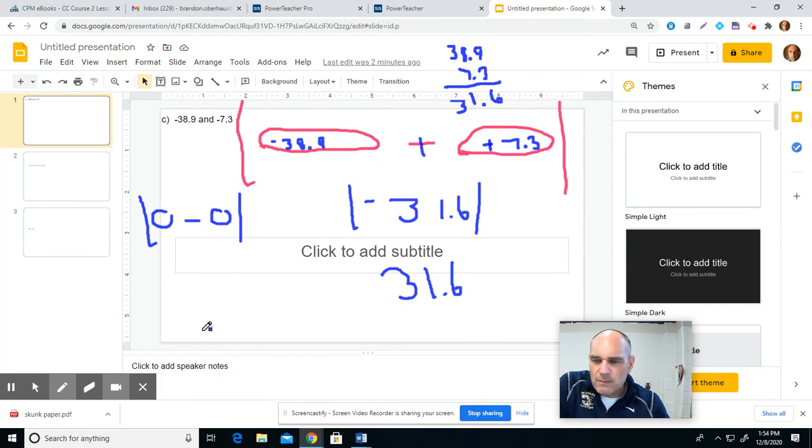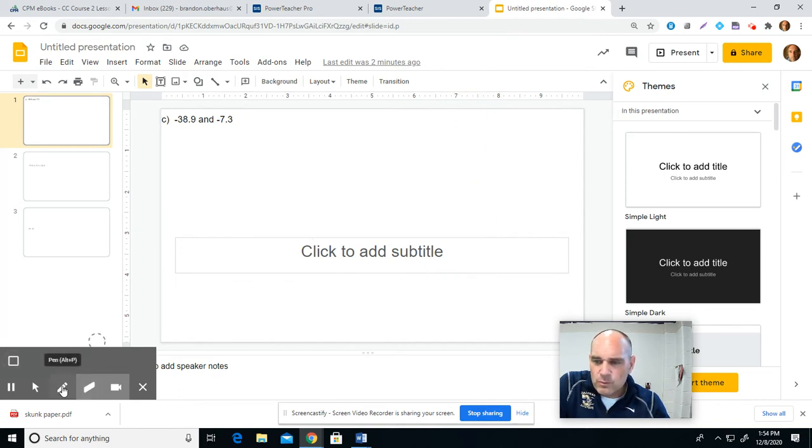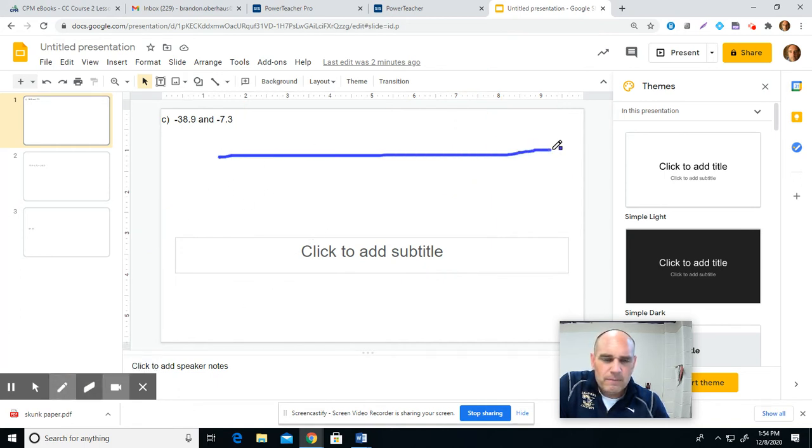Also, there might be a different way to think about it that maybe is helpful to you. If we were to draw a number line, here would be 0, here would be negative 7.3, here would be negative 38.9, and we have to find out how far apart these numbers are from each other.